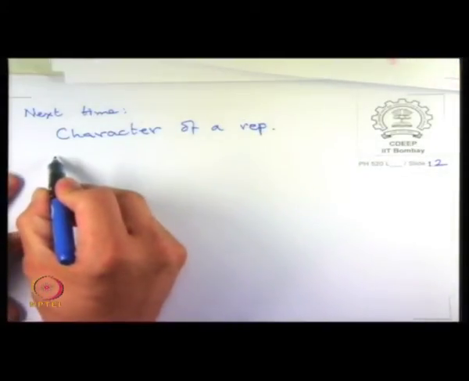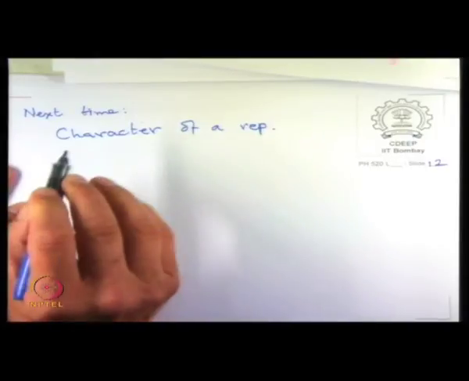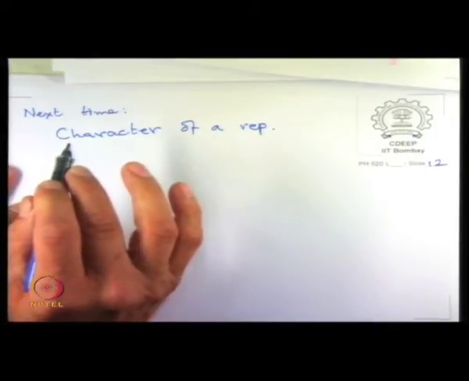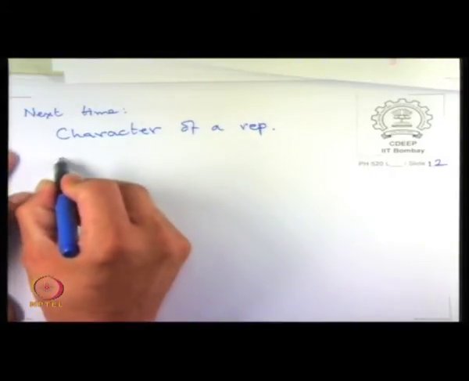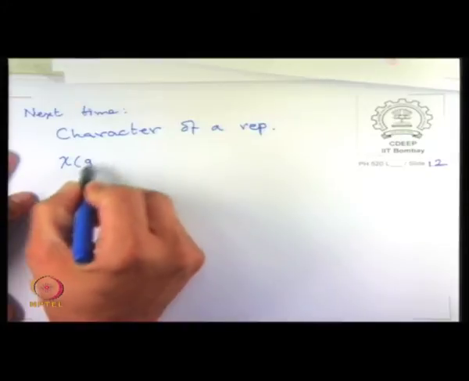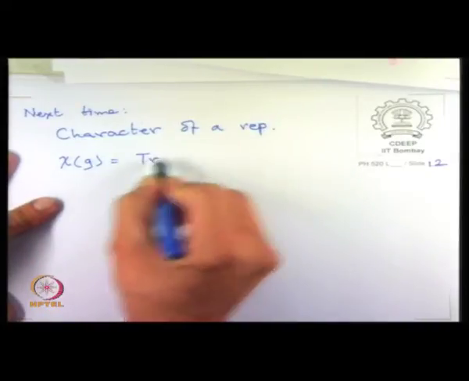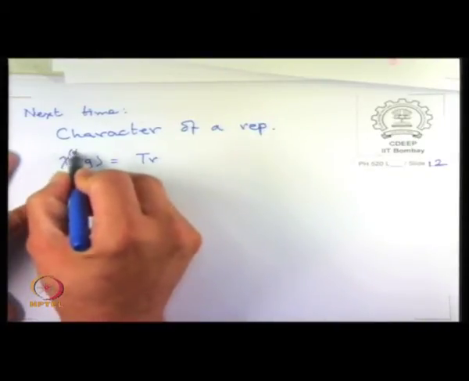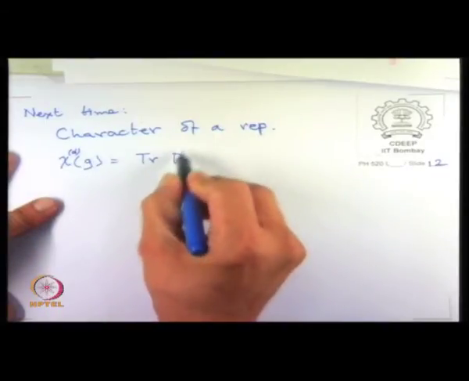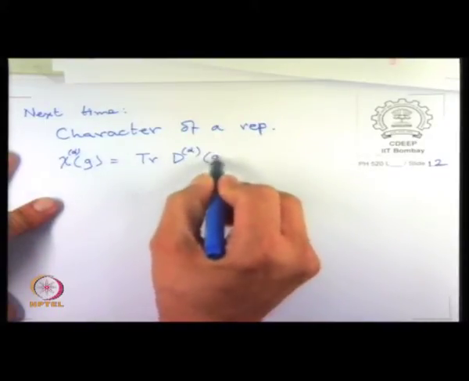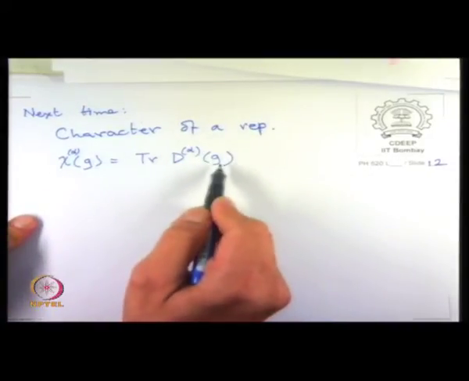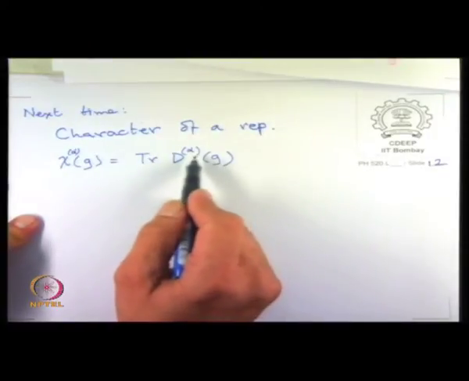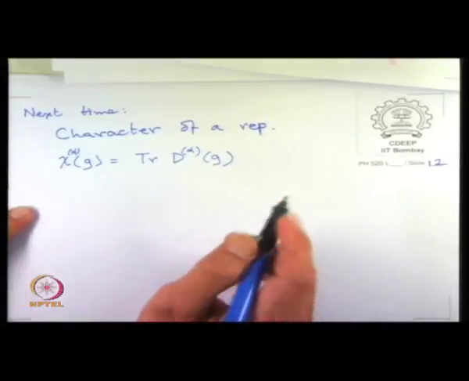In mathematical terms it's very simple, it's the trace of the matrix representing the element. So chi alpha of G is the trace of D alpha of G. In the representation alpha, representing a matrix element G, the character is just the trace of that matrix.